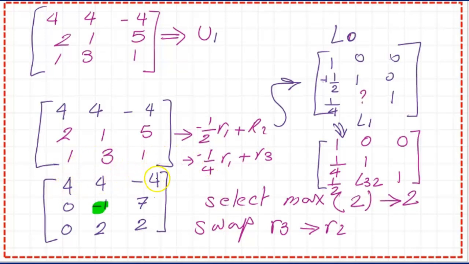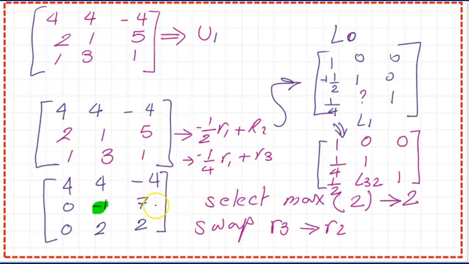The first row is the same, 4, 4, minus 4, while for the second row, minus 1 over 2 by 4 is minus 2. We add to 2, it becomes 0. Minus 1 over 2 multiplied by 4 is minus 2. We add to 1, minus 2 plus 1 is minus 1. Minus 1 over 2 multiplied by minus 4 is plus 2.